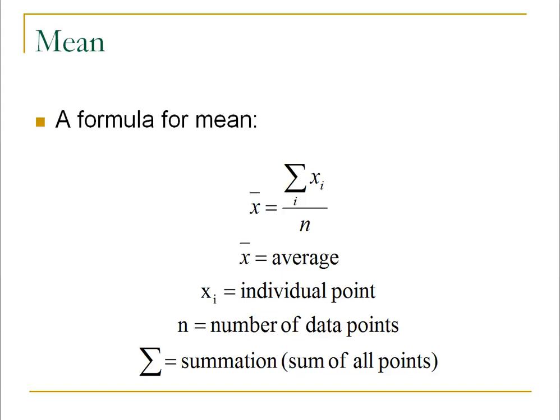All right, so this is the equation for mean, and I want to break down this equation so you fully understand what each and every variable means. So first off, what we have is this x bar. And the x bar is just the mathematic version of representing average.